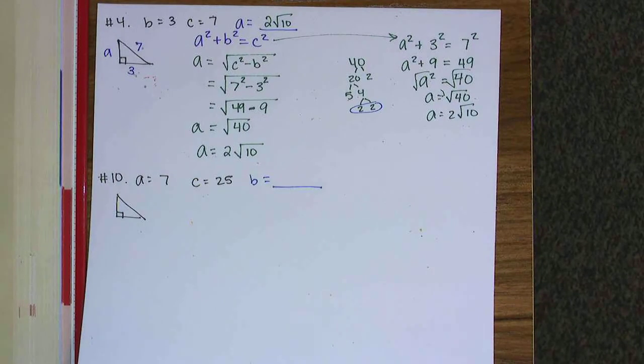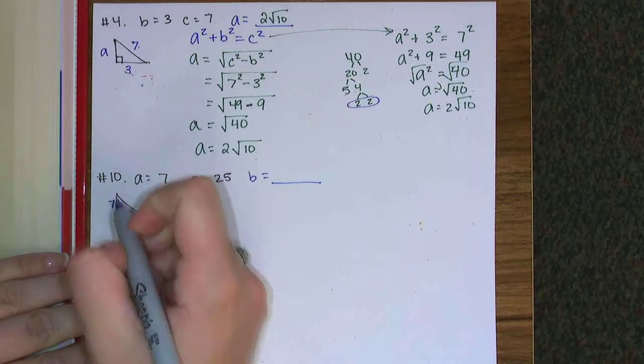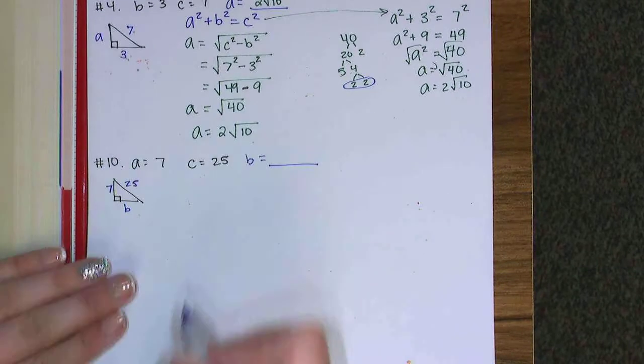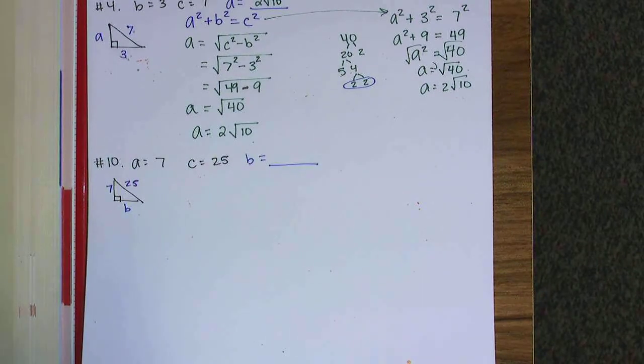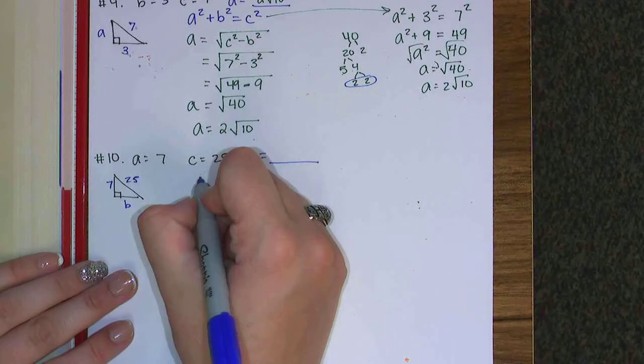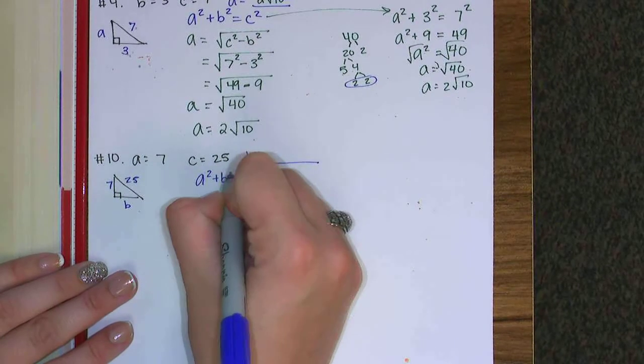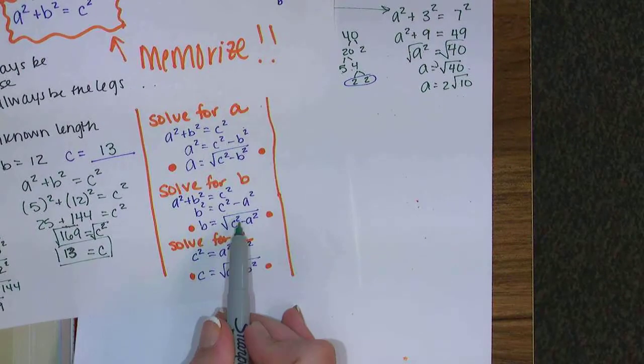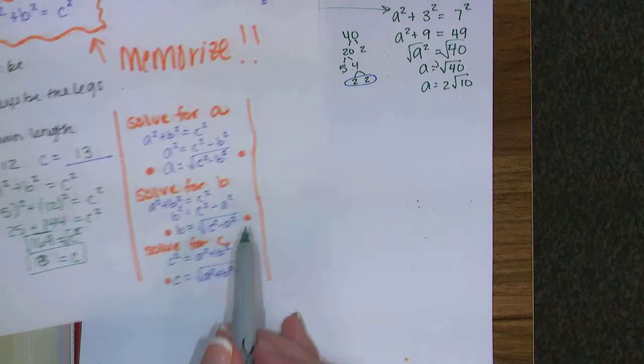I know that A is 7, B I don't know, and C is 25. Alright, so I know that a squared plus b squared is equal to c squared, and then I have the formulas already written out. So we want to know what b is. So b is equal to the square root of c squared minus a squared.